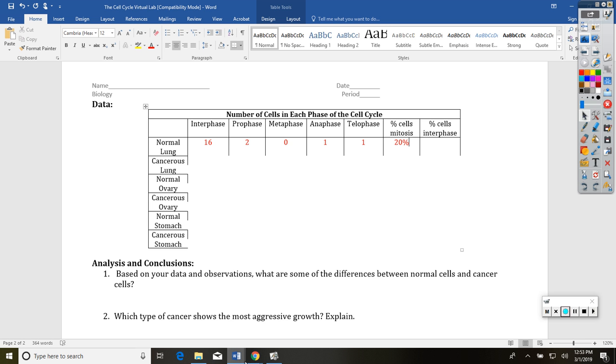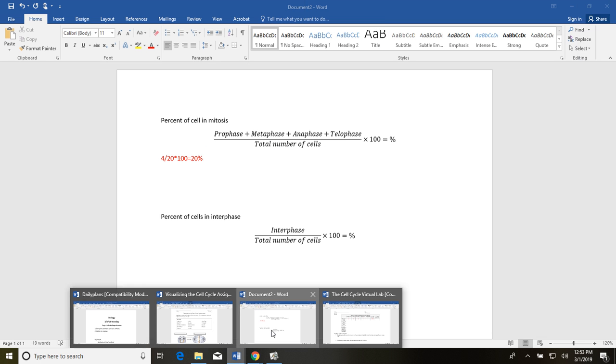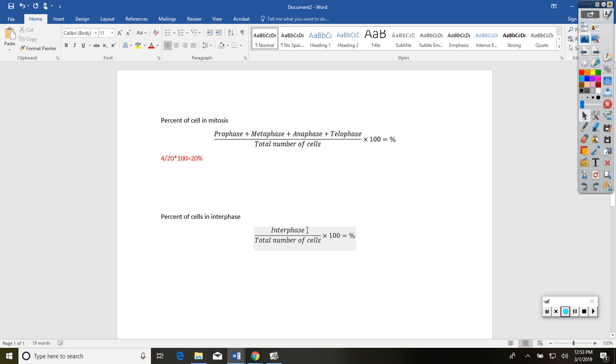I'll do the same calculation for the cells that are in interphase. For the interphase cells, I don't have to add any other phases to it. Interphase is just itself. So how many cells are sitting in interphase divided by the total number times 100. So in this case, we had 16 cells in interphase divided by a total of 20 cells times 100.